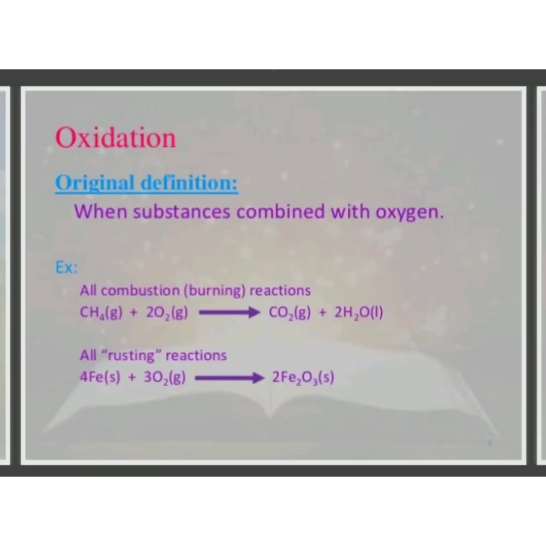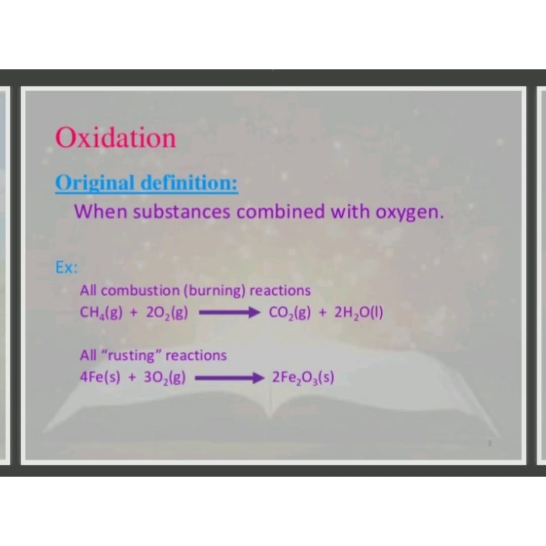First term is oxidation. The word oxidation consists of two words, that are oxygen plus addition. It means oxidation reactions are those reactions which take place by addition of oxygen.